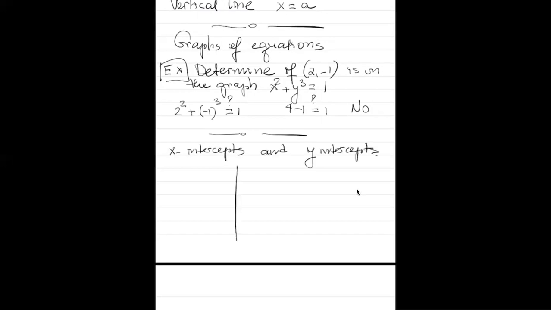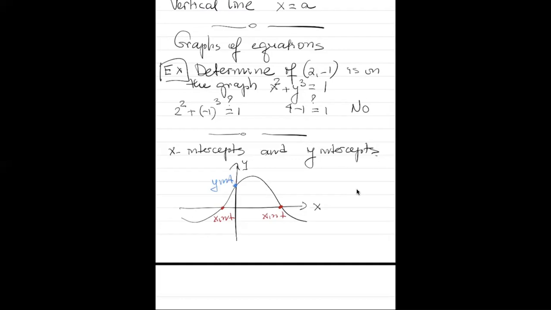If I have a graph, any graph, we see a point where the graph intersects the x-axis, so those are called x-intercepts. It has 2. A graph can have 1 or more or none. A graph may have no x-intercept, and this point right here is the y-intercept.